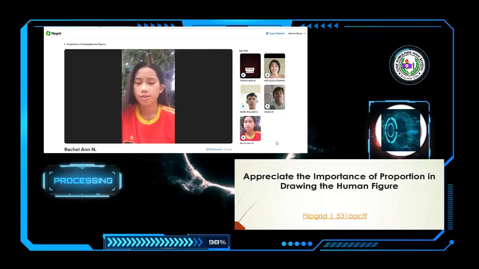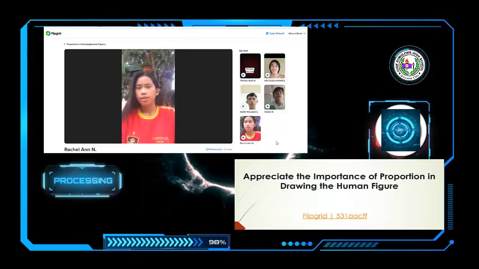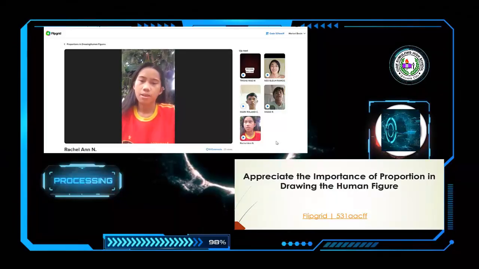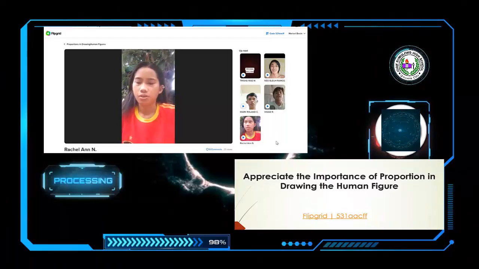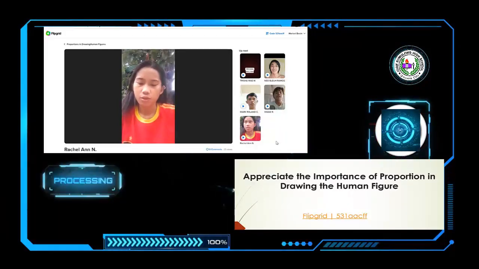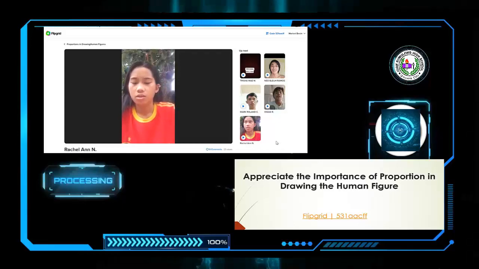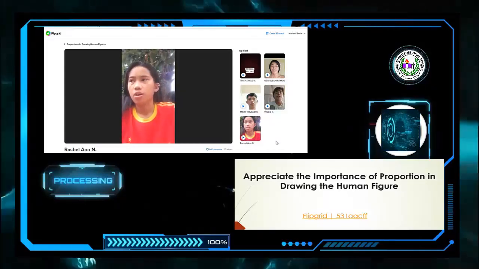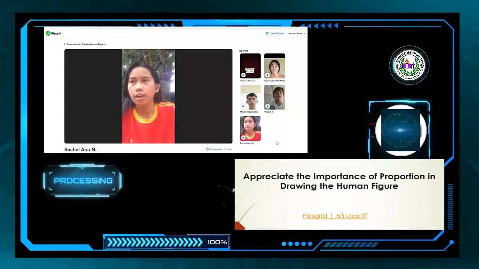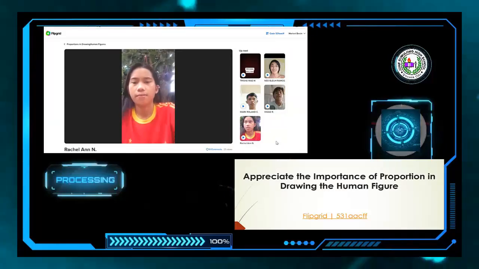Proportion also helps us make our drawings accurate. Learning everything about proportion is very significant for me because I think this will be my key to success if I am able to master drawing proportions. It will help me a lot in making my own animations.